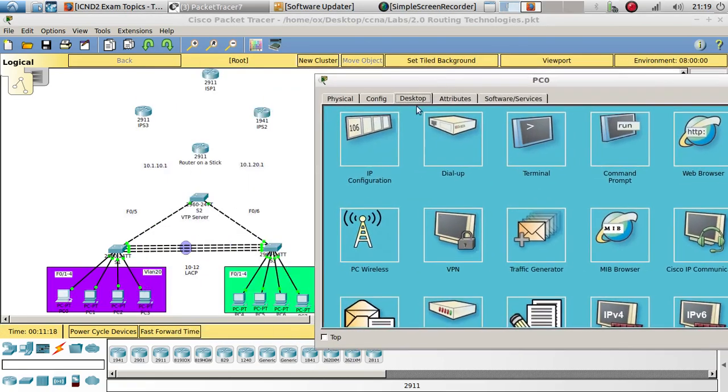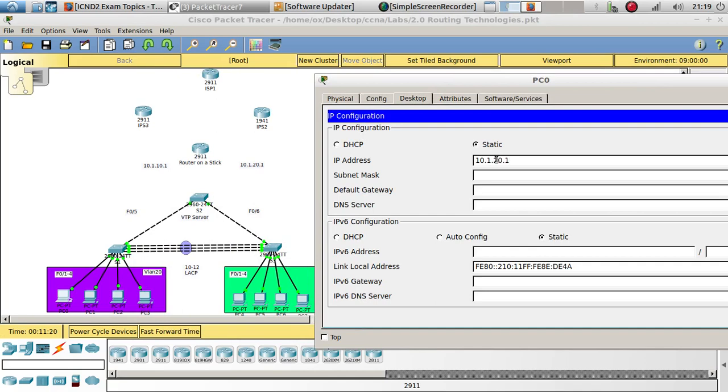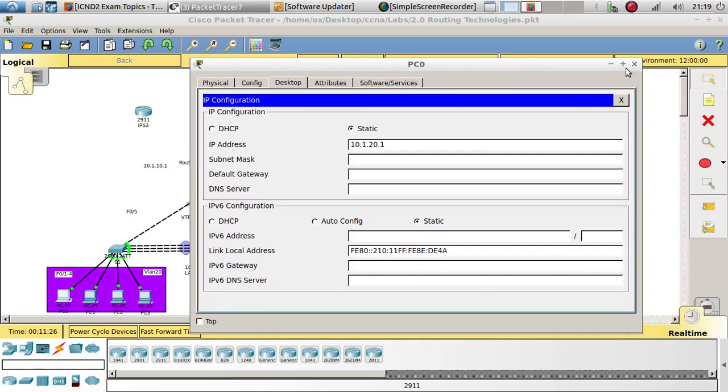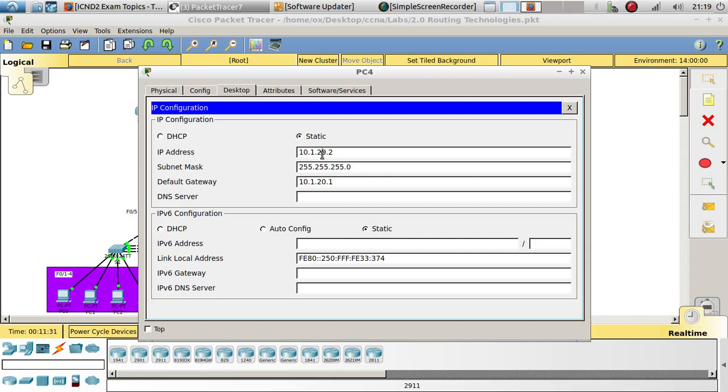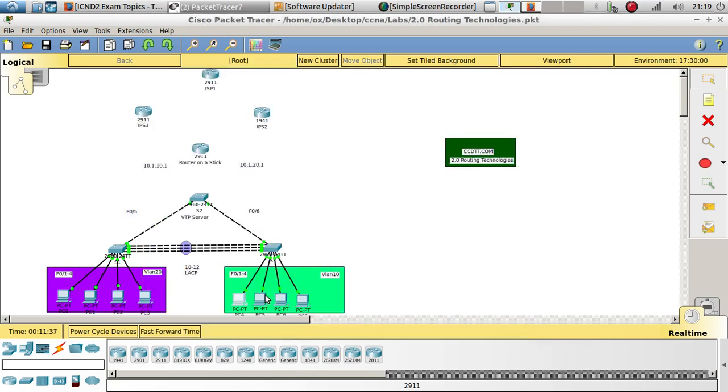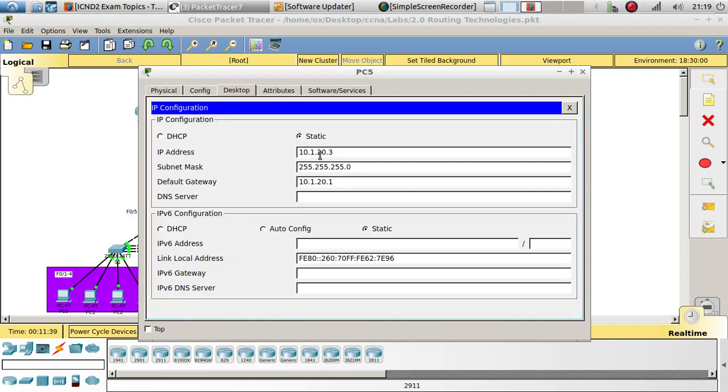Now let's go to these computers over here. Damn it, I did this wrong, so give me one second. These ones are supposed to be on VLAN 10, so we have to configure this to be 10 instead of 20 because I did it wrong.